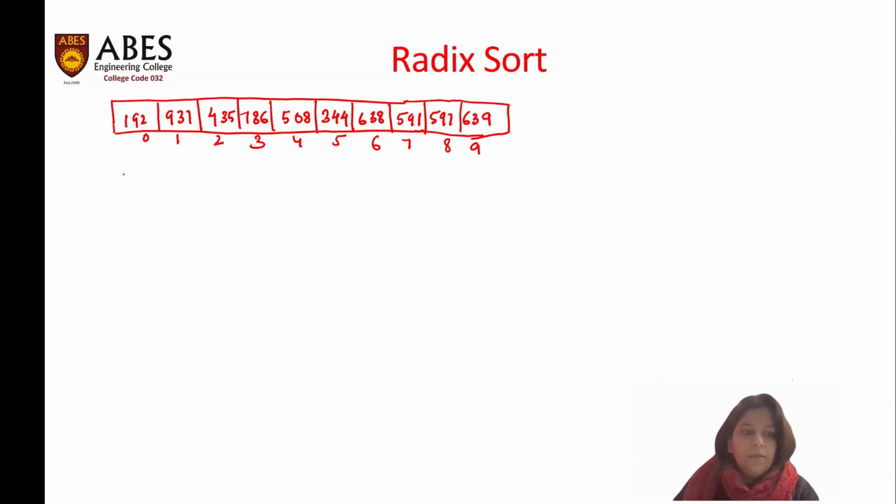So in order to sort them using Radix sort, first of all, we have to check what is the maximum number of digits which are possible inside this input. So the maximum number of digits that are there in the maximum number is equivalent to 3.